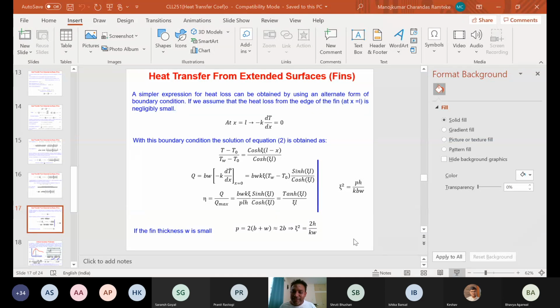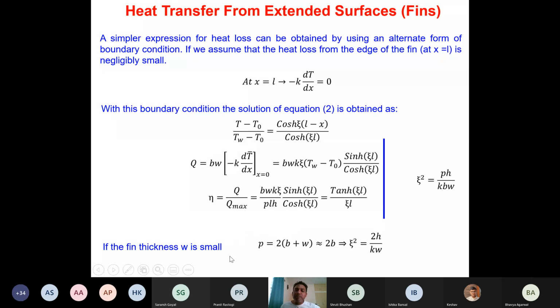So sorry. Okay. Again, one more simplification here. Remember what is P? P we have defined as 2(B plus W), where B is the breadth, isn't it? Very often the breadth of the fin is much higher compared to its width W. So W is small. In that case, P is equated to just 2B.